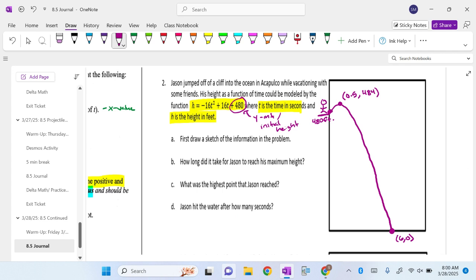So all you're doing is graphing it in Desmos and answering those other 3 questions, B through D. Nothing new from what we learned yesterday. You guys might have to zoom out a lot to see the very top of it.